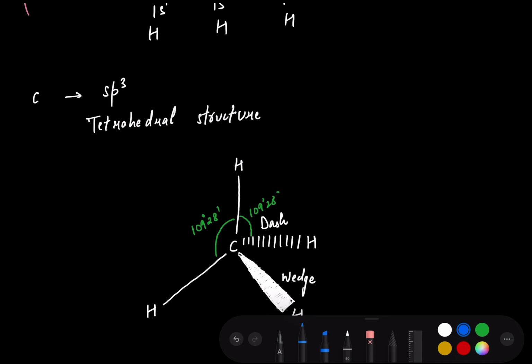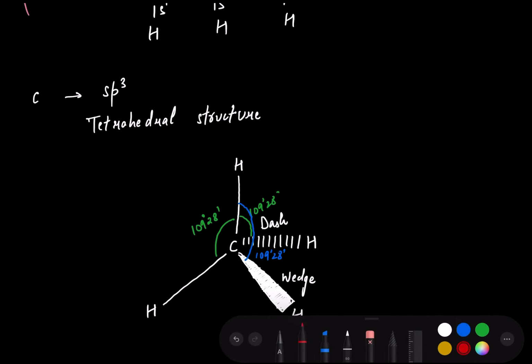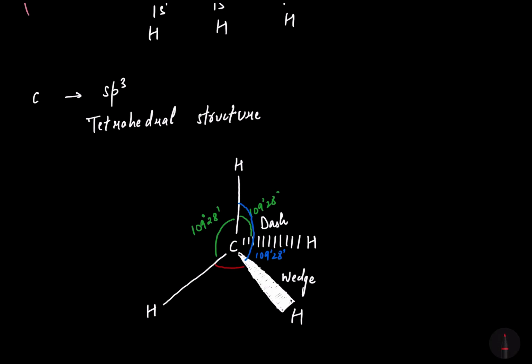After that, this bond also, that's 109 degrees and 28 minutes. All the bonds are of 109 degrees and 28 minutes. After that, this bond also 109 degrees and 28 minutes, and even this bond also 109 degrees and 28 minutes.